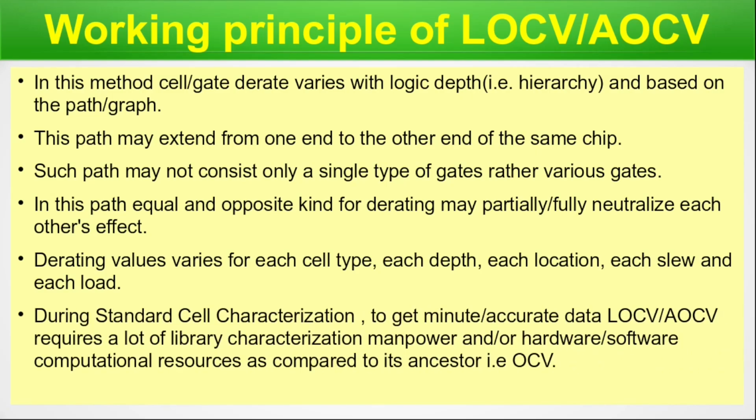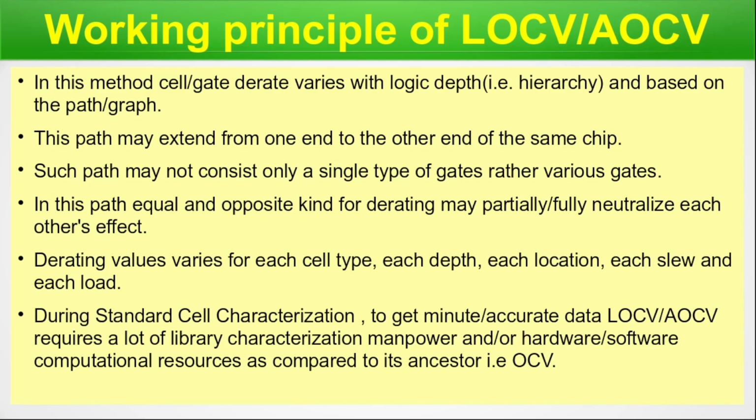Using standard cell characterization to get minute or accurate data, AOCV or LOCV requires a lot of library characterization, manpower, and hardware or software computational resources as compared to the earlier OCV. And this is a very important point because when we perform static timing analysis, we have a very much needed input, the timing.lib, which comes from the standard cell characterization.